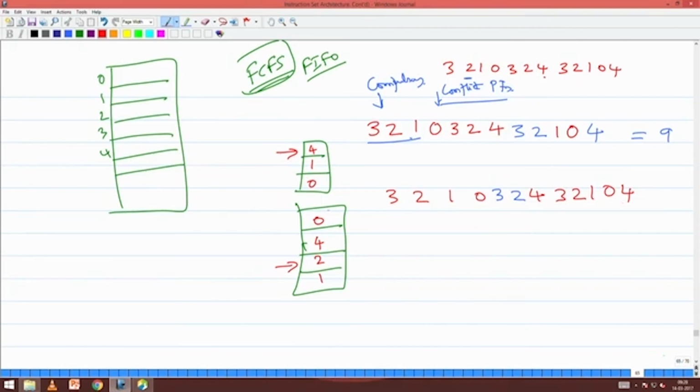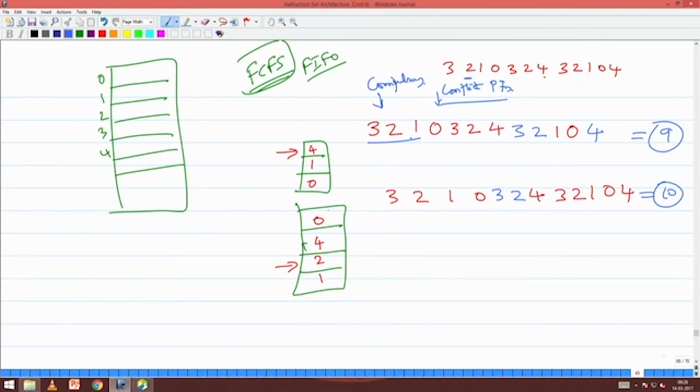So the number of page faults now is 1, 2, 3, 4, 5, 6, 7, 8, 9, 10. Okay. By increasing the number of page frames, the number of page faults actually increased. It did not decrease. Correct? So earlier it was just 9, now it is 10.